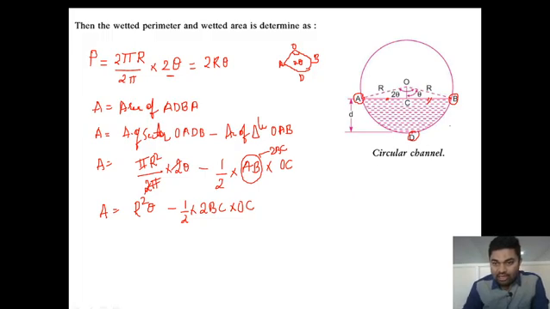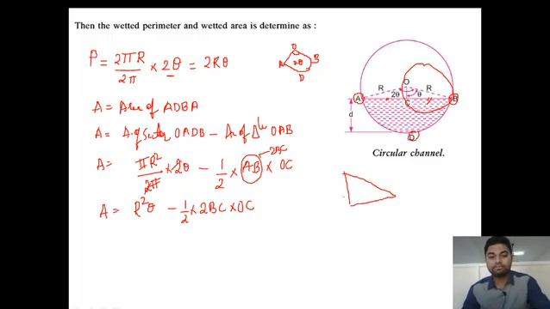Now consider this right angle triangle OCB. This is O, this is C, this is B, and this is the angle theta. This value is the radius.